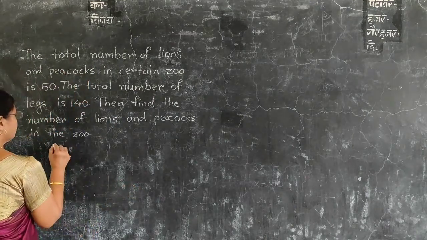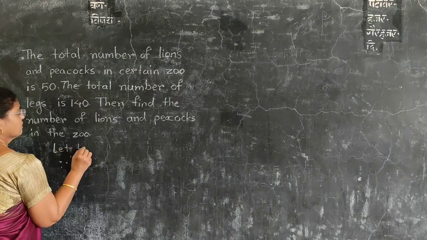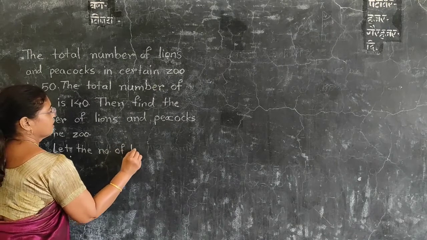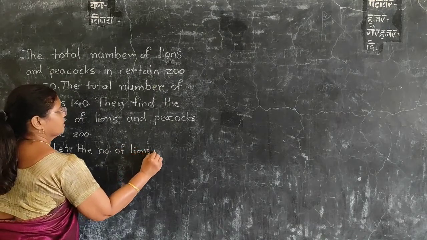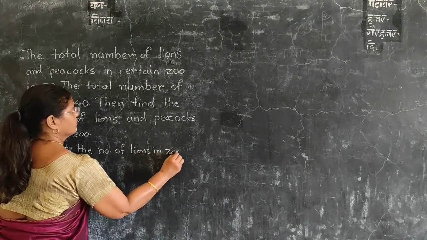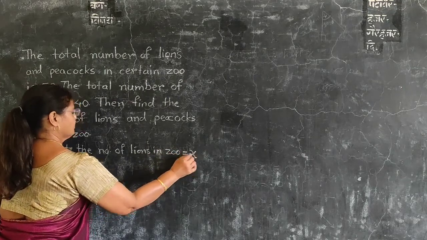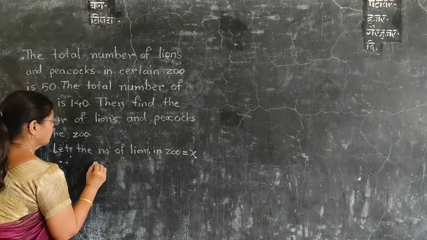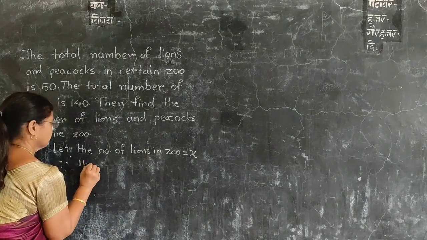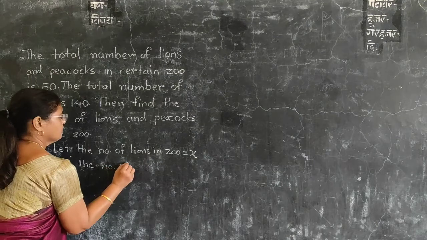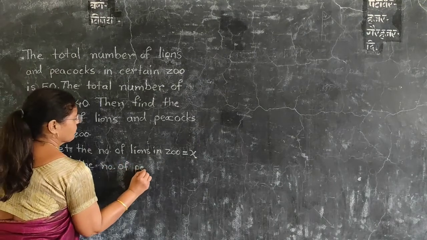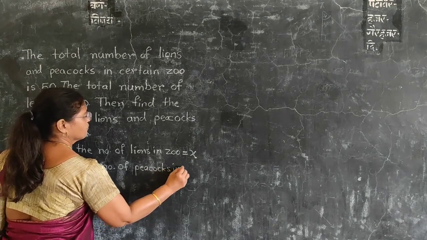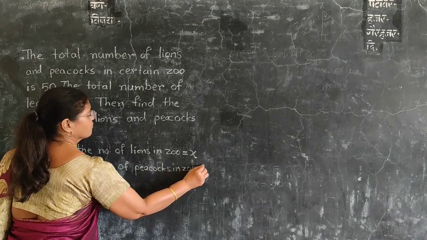So let the number of lions in the zoo be x, and let the number of peacocks in the zoo be y.